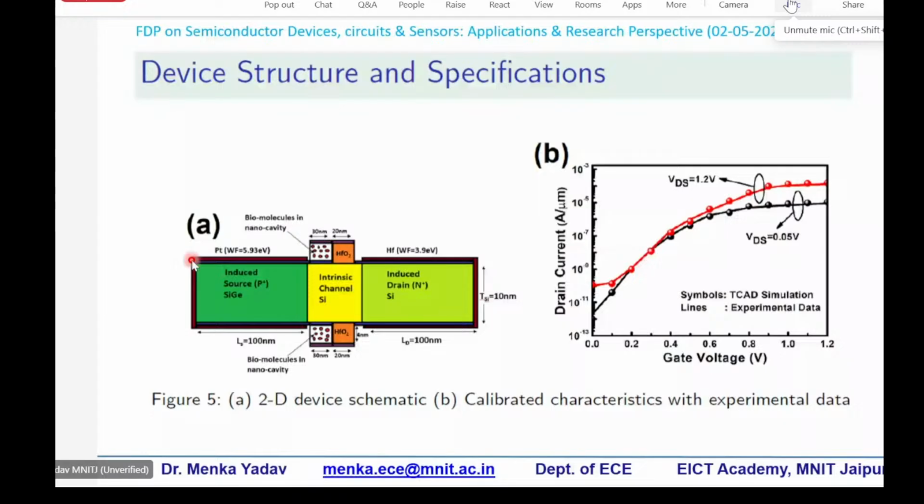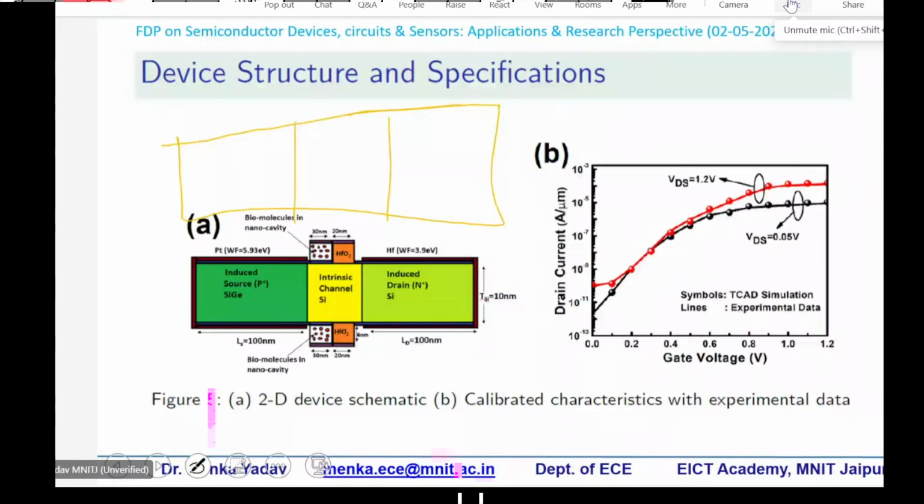The work function is shown over here for these particular materials, and here you can see we were expected to have a layer of oxide. We were expected that this should go in this way. This is your source, P plus region, and this is your drain, N plus region.